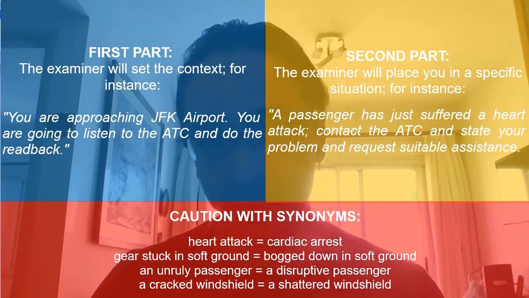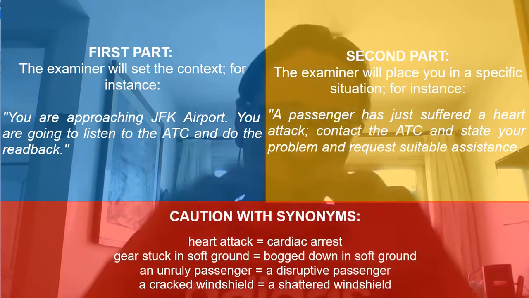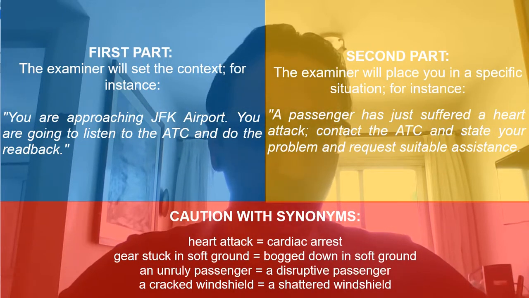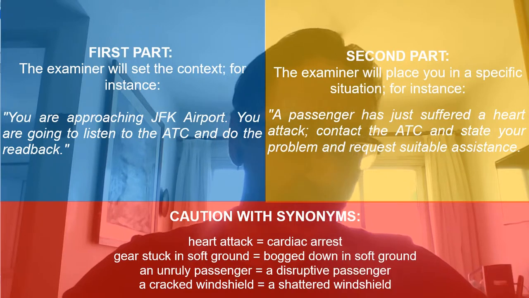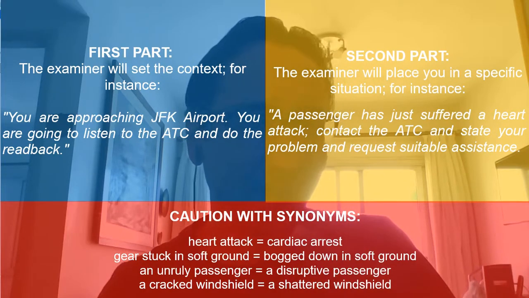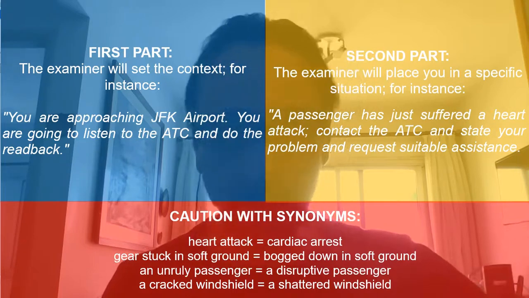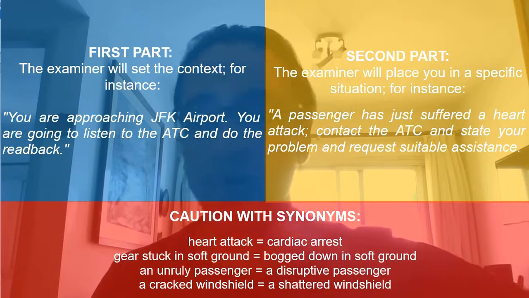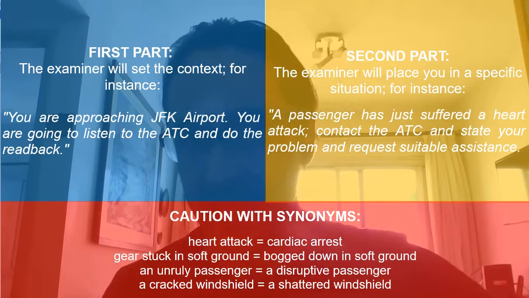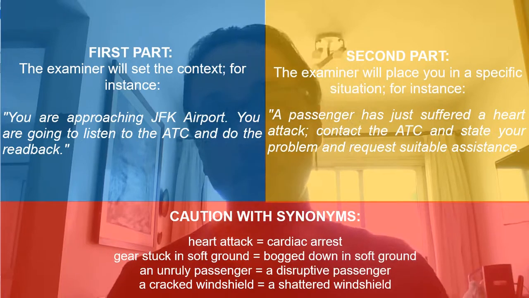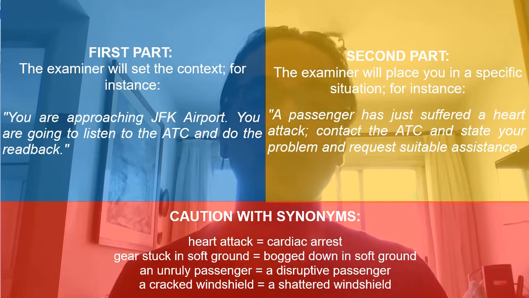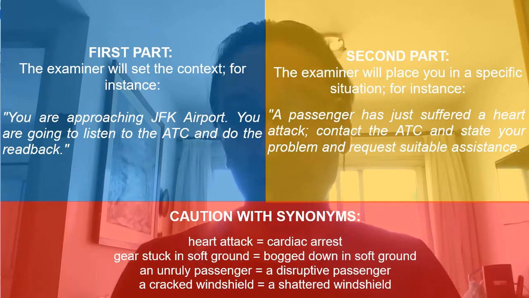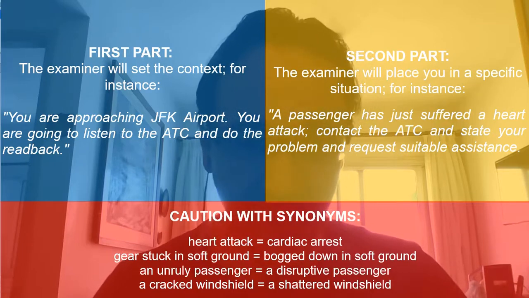And then the ANAC examiner will say, just to cover the situation, okay, what did the controller say in this last recording? So we say, okay, the controller acknowledged and asked me to turn right, turn left, descend, squawk, and asked me if a passenger suffered a heart attack on board or if there was a disruptive passenger on board.